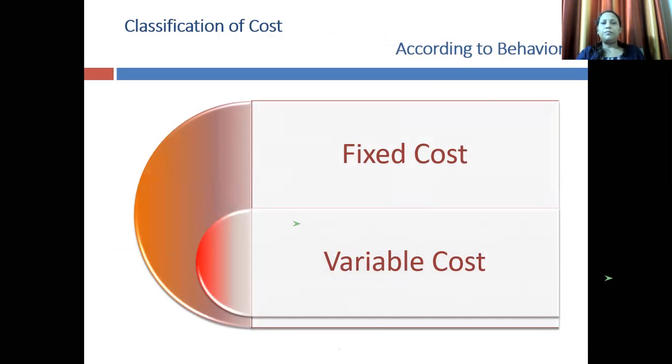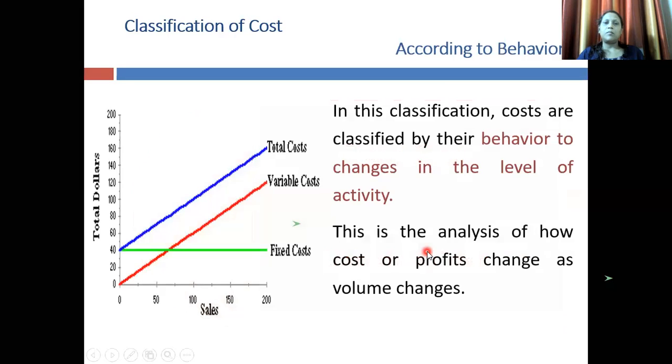So now, according to behavior, in this classification, costs are classified by their behavior to changes in the level of activity. So, this is fixed cost.